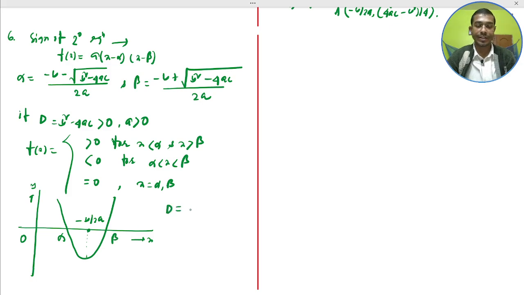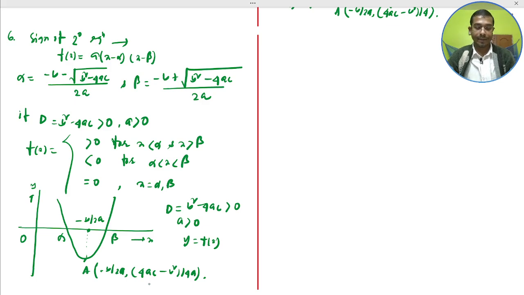So here D is equal to b square minus 4ac greater than 0, and the coefficient of x square, a, is greater than 0, and y equal to f(x). And this point is obviously minus b by 2a, with the other coordinate being (4ac minus b square) divided by 4a.